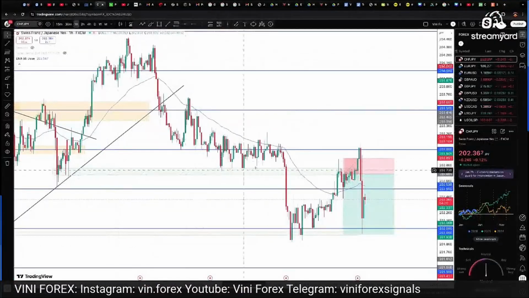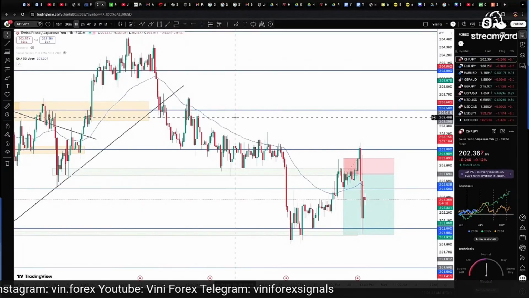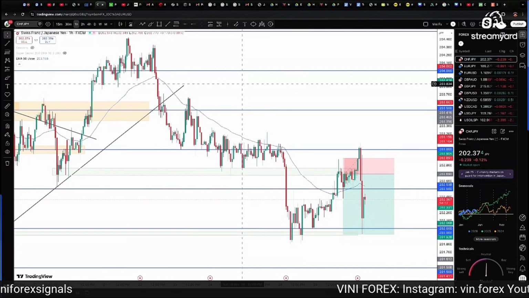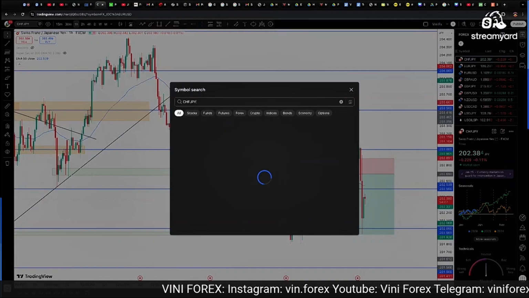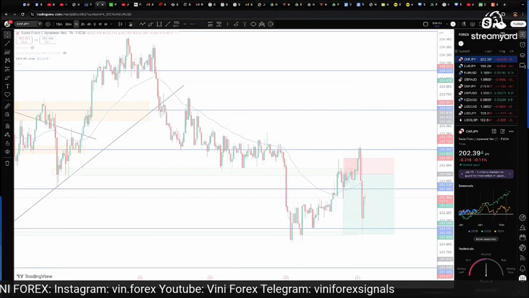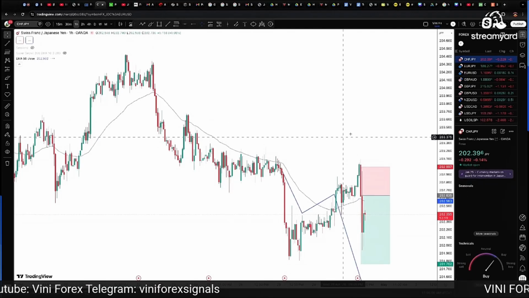So what did I see on CHF JPY that made me take the trade? We have to go and analyze the market. Let's use a new chart. The things I have been teaching you before are exactly what we're going to be using this morning to analyze this trade.